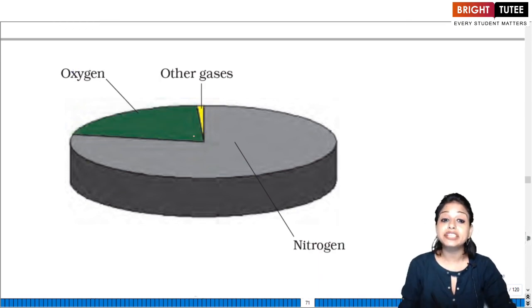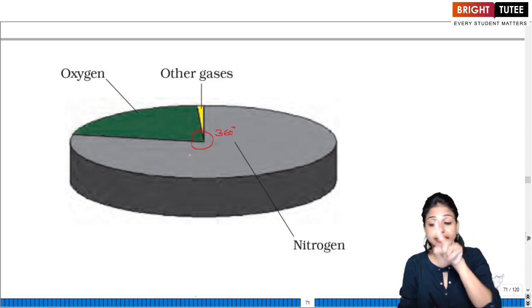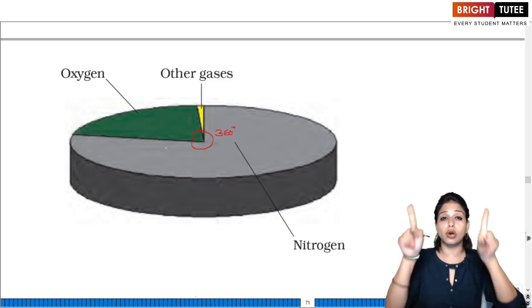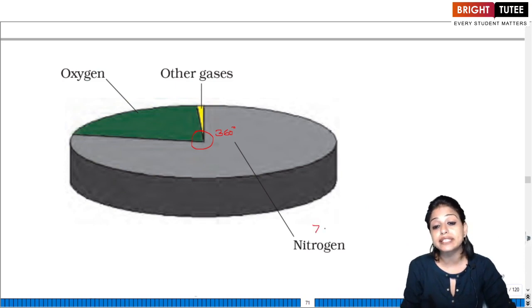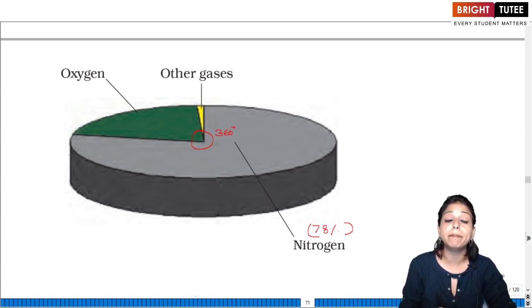So from a pie chart, what can we read? Let's say the 360 degrees of the pie chart, that is the angle at the center, shows the whole of the atmosphere we have. Nitrogen occupies the maximum, that is 78% of the total atmosphere, so it is the biggest portion on my pie chart.